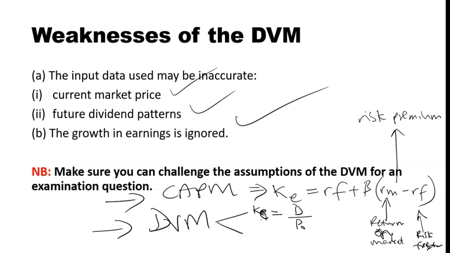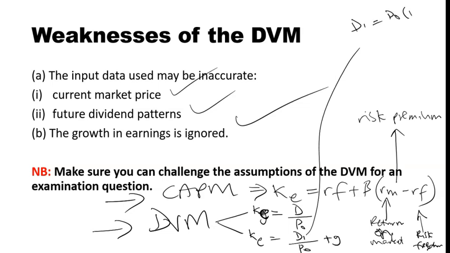If it is a growing dividend, then Ke we have got D1 over P0 plus g, and we know that D1 is equal to D0 times (1 plus g).